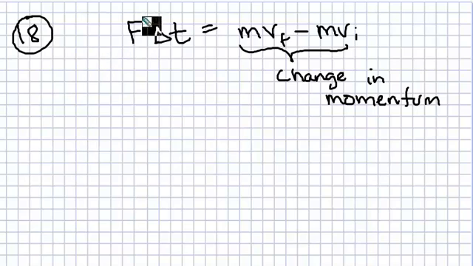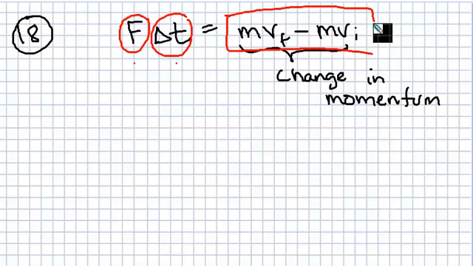So F is the same for the same amount of time. If these two numbers are the same, whether you're pushing a car or a bicycle, will you experience the same quantity on the left side of the equation as you do on the right side of the equation? Let's move on.